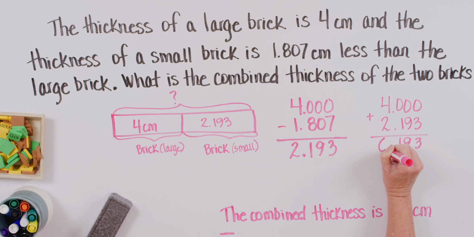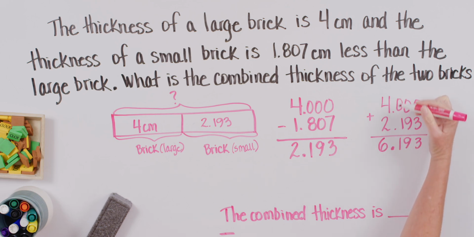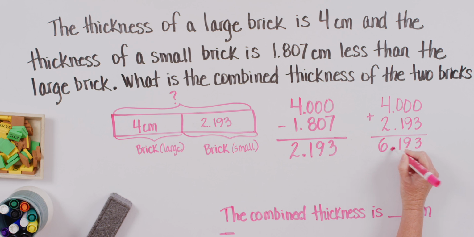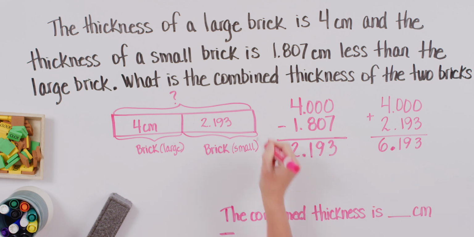Now again, remember how important it is to line up our decimals when we are adding or subtracting. So I want to make sure I'm working with the correct place value. I'm adding my tenths to my tenths, not to my hundredths or thousandths, right? All right, so our combined thickness looks like it is 6 and 193 thousandths centimeters.